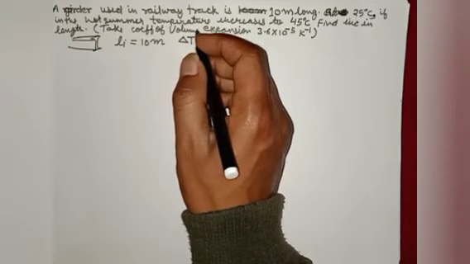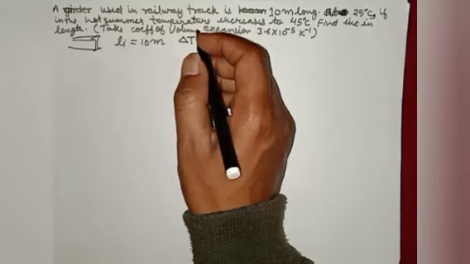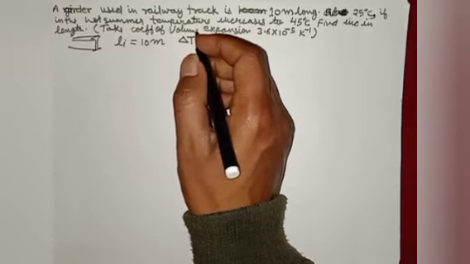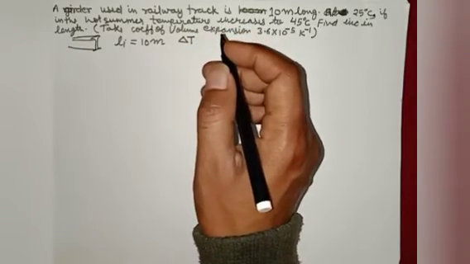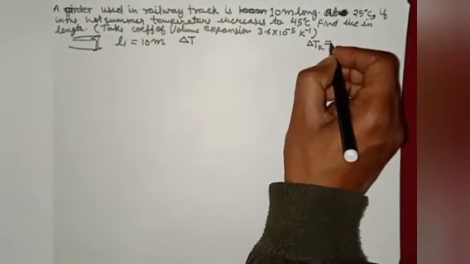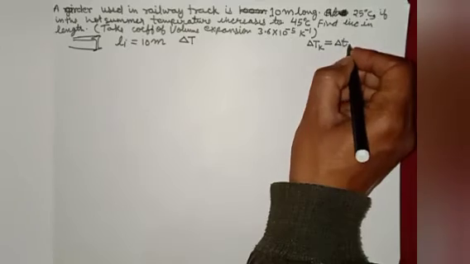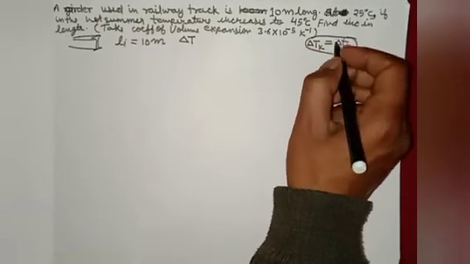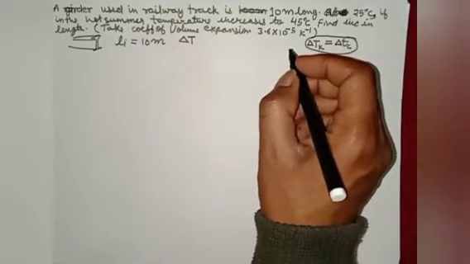And to change Celsius into Kelvin, we have to add 273, to be very precise, 273.15, to that Celsius temperature. But remember one thing, delta T in Kelvin is equal to delta T in Celsius. Their difference is same. And why is it so?